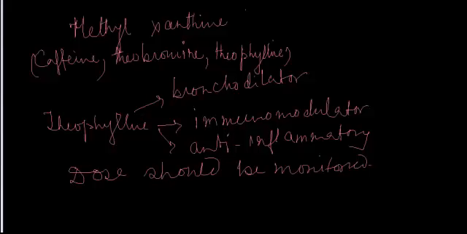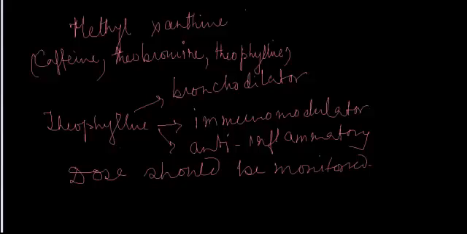It has unique properties. It's a direct bronchodilator, immunomodulator, and anti-inflammatory. All three components of asthma, that is bronchoconstriction, exaggerated immune response or hyperresponsiveness, and inflammation, can be counteracted by theophylline.